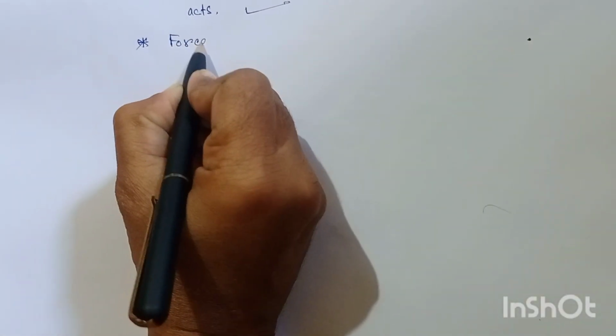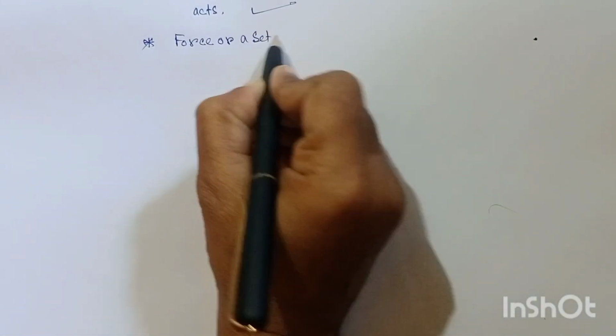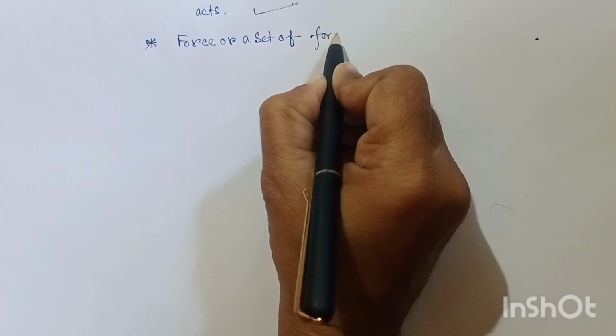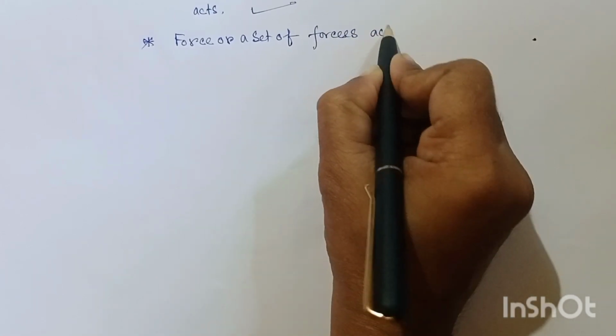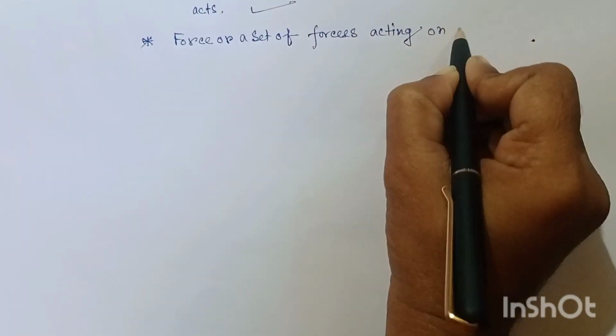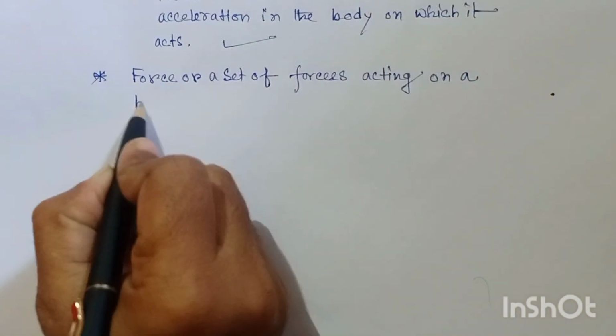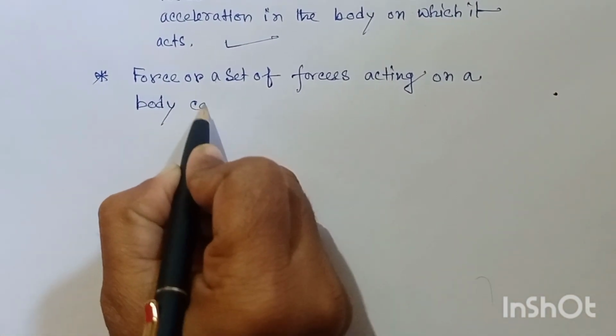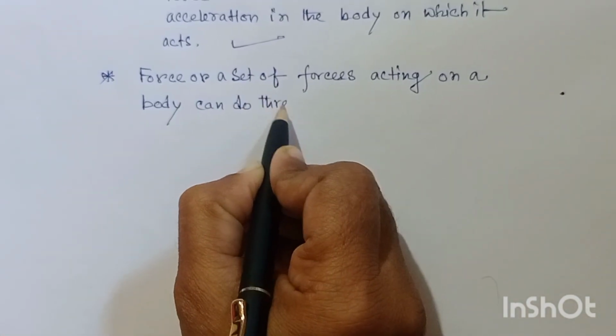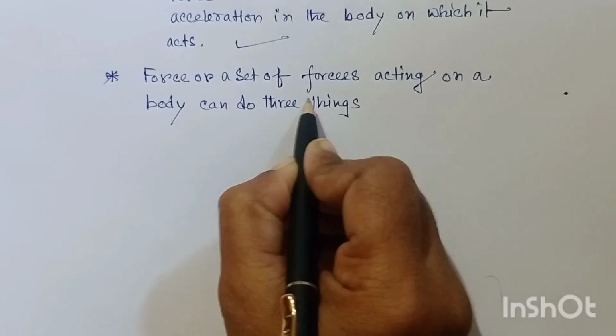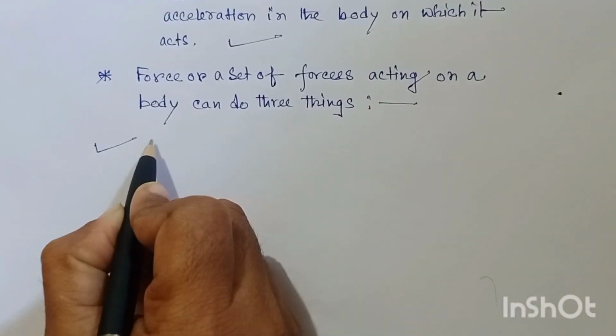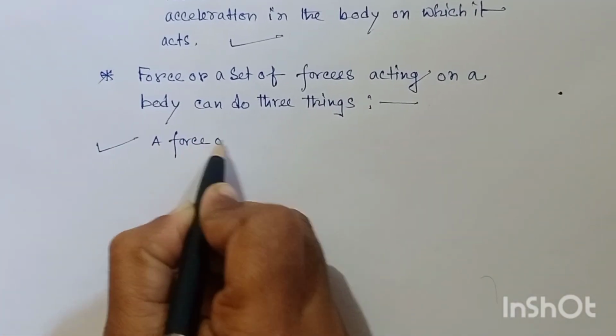Now, when we push a ball, it tends to move from its position, or else when we apply force to stop a moving ball, in both cases it changes the acceleration of the body, either positive or negative. Also, if we kick a moving football coming towards us, it changes its direction by the kick.